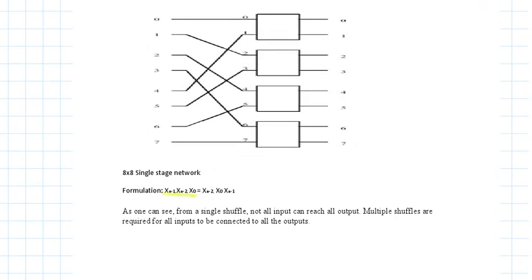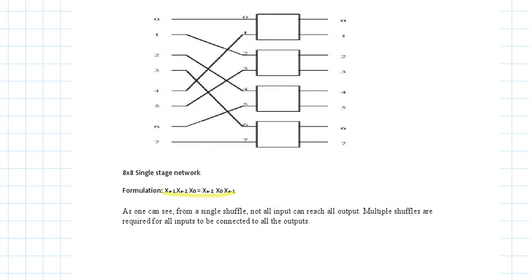Just have a look at the formula. On the left hand side you can see that x_{n-1}, x_{n-2} up to x_0 have been appended one after another, and on the right hand side it has been left rotated by a single bit.